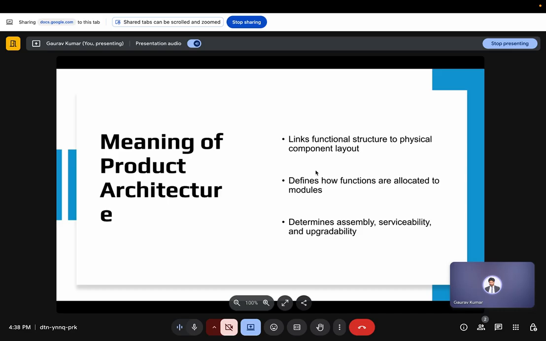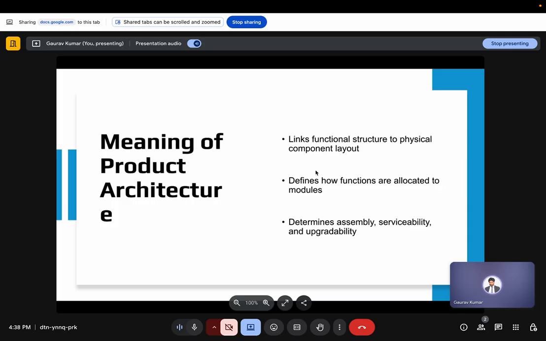So first is the meaning of product architecture. The product architecture maps the functions to physical components and defines their arrangement and interaction. So it manifests the strategy, performance, cost, service, and upgrade paths. Architecture influences assembly time, quality yield, repairability, and recyclability.